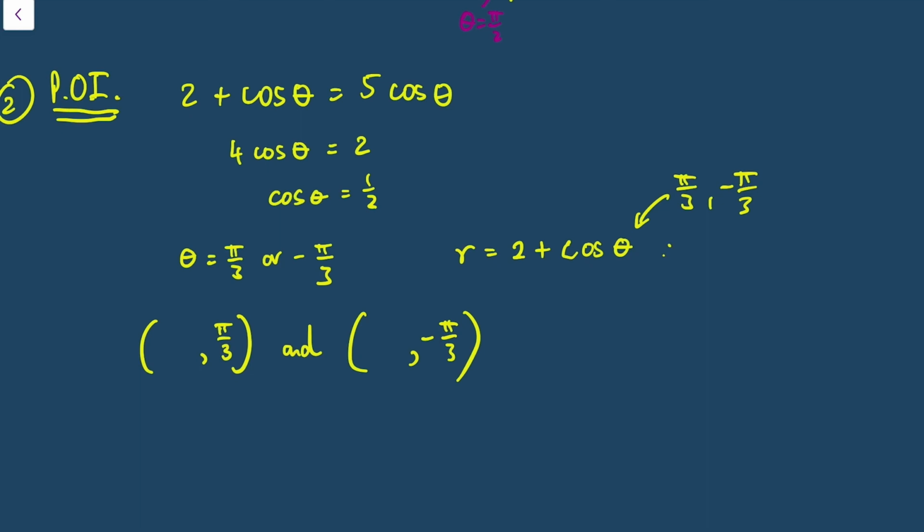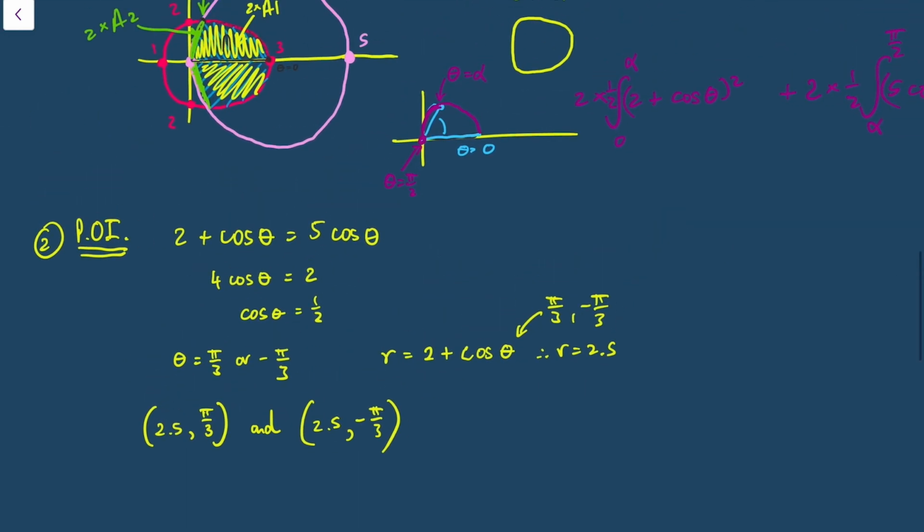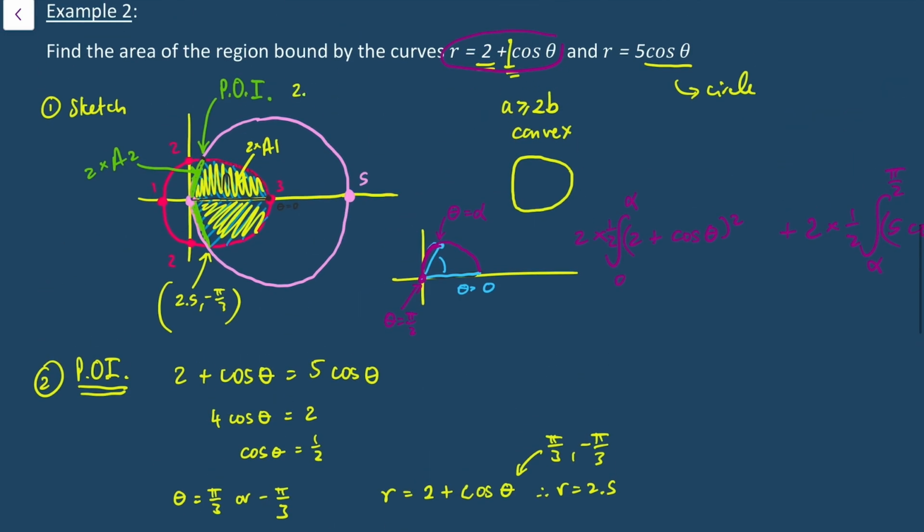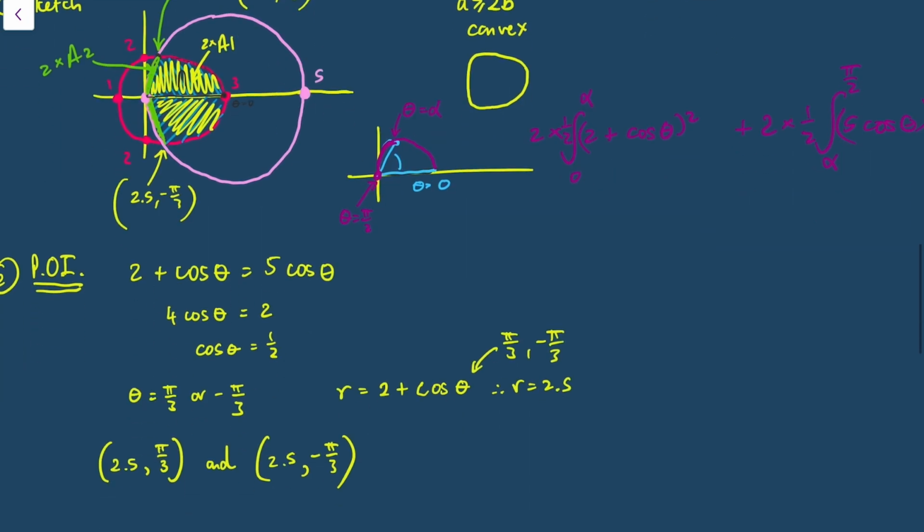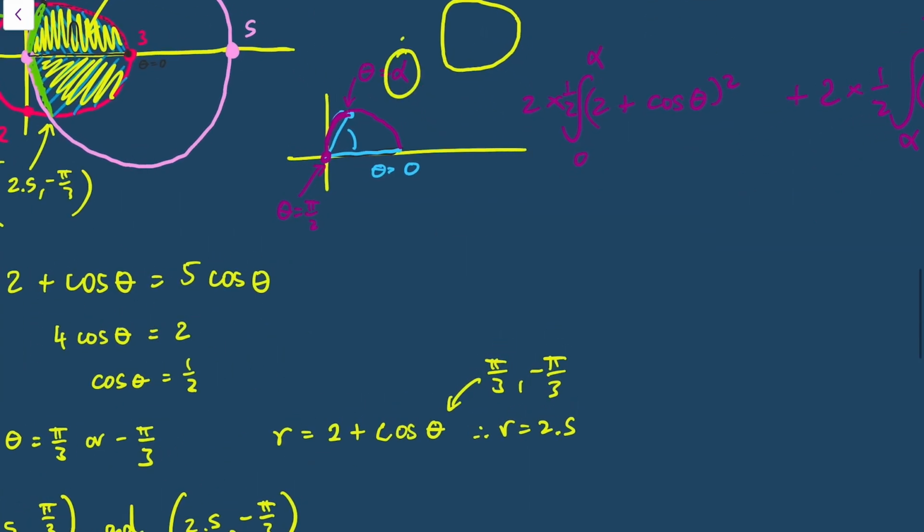So R is equal to 2.5 in each case, or 5 over 2. Okay, so those are my points of intersection. This will be 2.5 and negative pi by 3, and that's going to be 2.5 and positive pi by 3. And so now I know that alpha is equal to pi by 3.